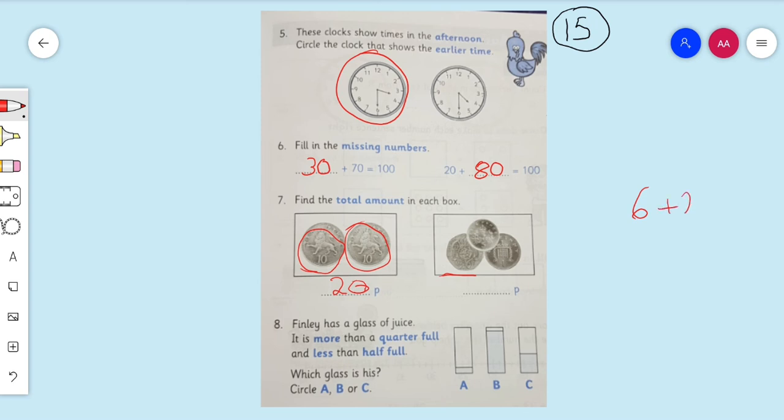We need to find what the bigger number is. The bigger number is 20. So we need to put 20 in our mind and count onward 6. 21, 22, 23, 24, 25, and 26. Which means the answer for this one is 26.